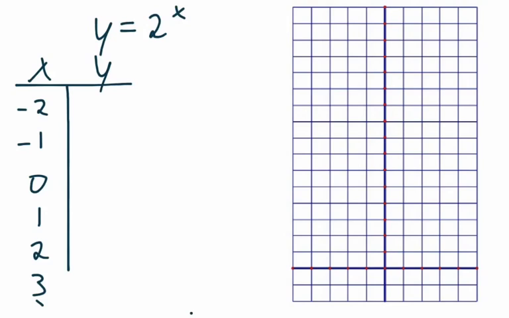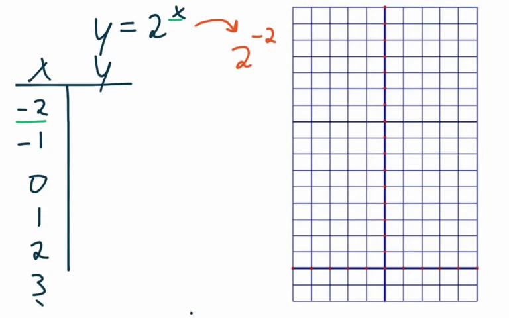All we're really doing is inputting the x values for our exponent. Let's start with the -2, and remember some exponent rules. I'm taking 2 to the -2 power. When you take 2 to the -2 power, you're creating a fraction.